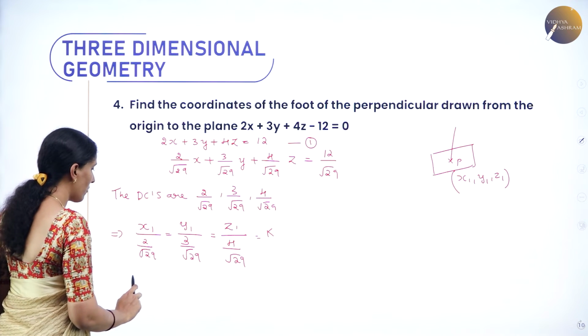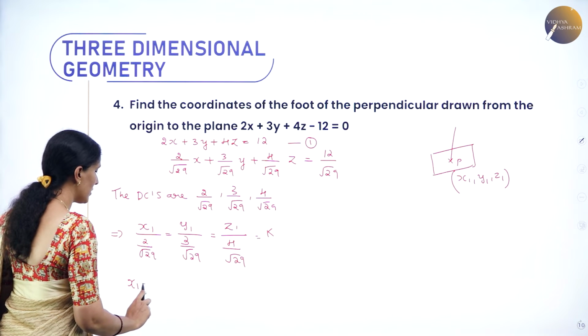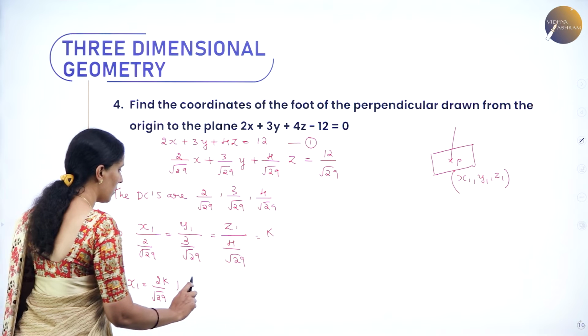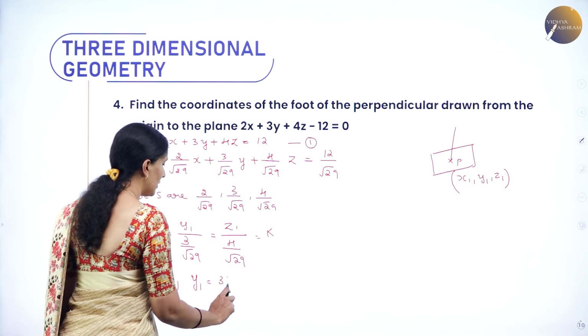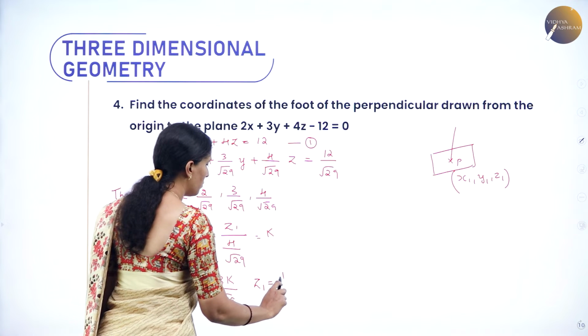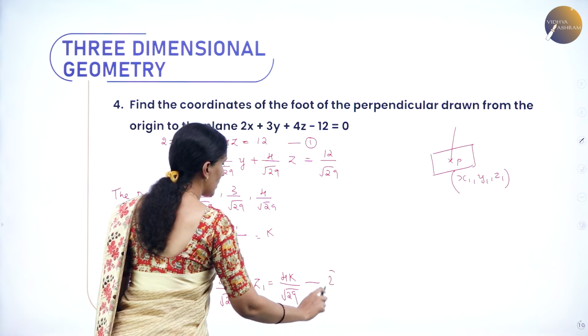So from this I can write x1 is equal to 2k by root 29, and y1 is equal to 3k by root 29, and z1 is equal to 4k by root 29. Let me take this as equation 2.